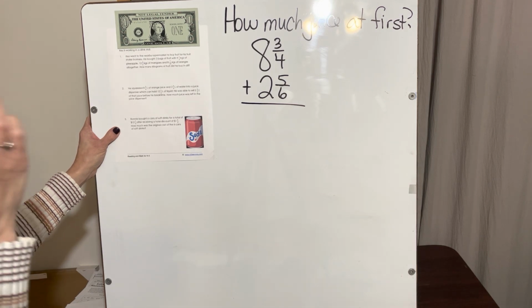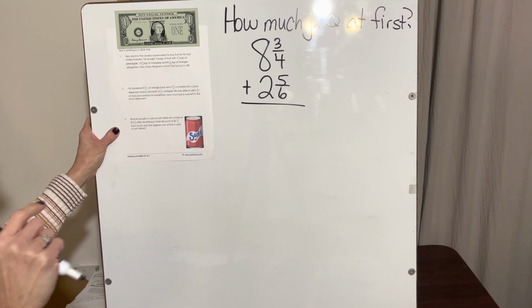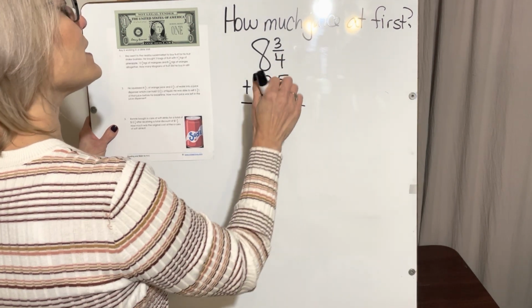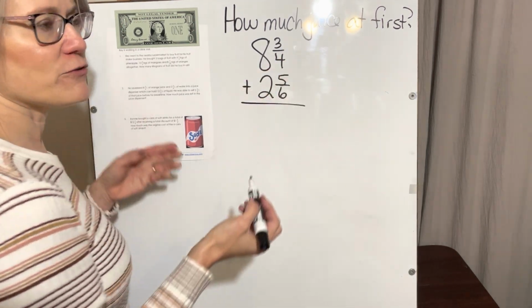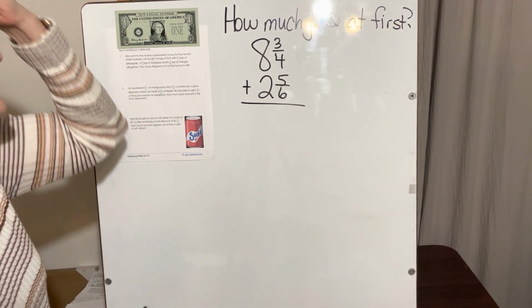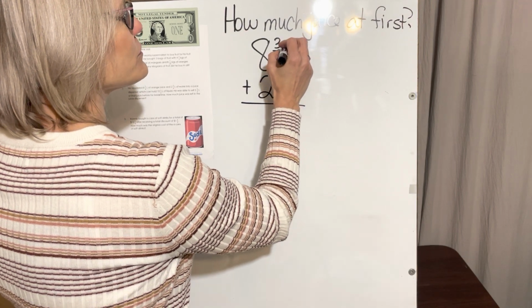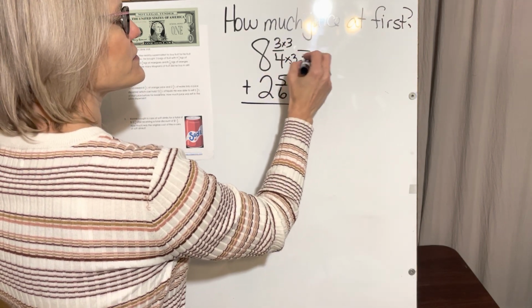Now, again, I do not have a common denominator. This looks familiar. Do you remember when we were putting things in order from greatest to least? Yep, same numbers. All right, so when I count by 4s, 4, 8, 12. I can also count by 6s and get 12. So when I count by 4s, I count 3 times to get the 12ths.